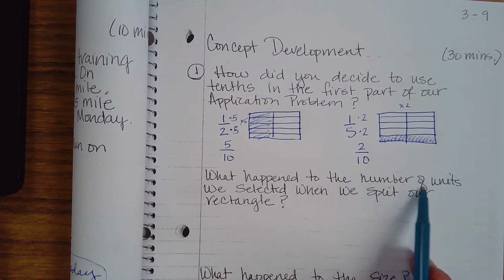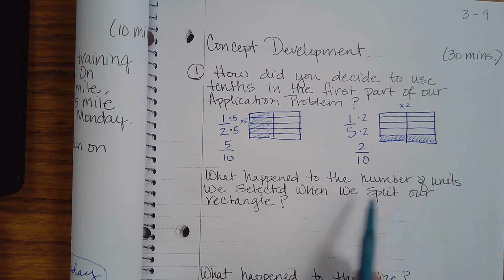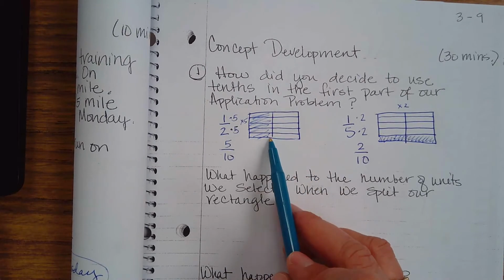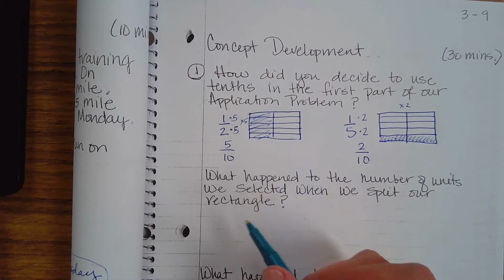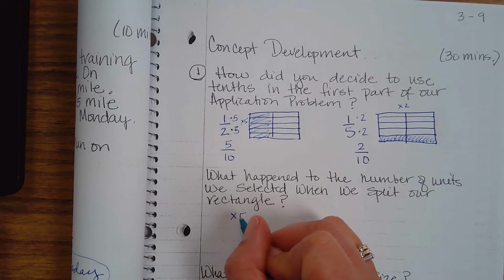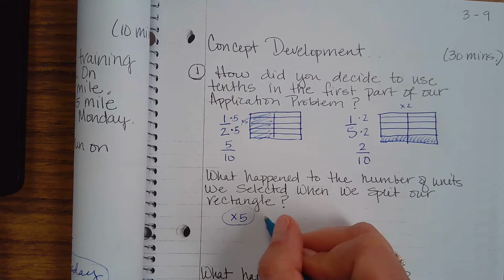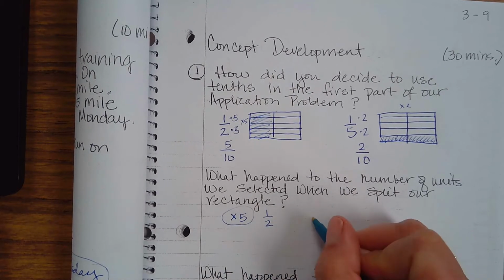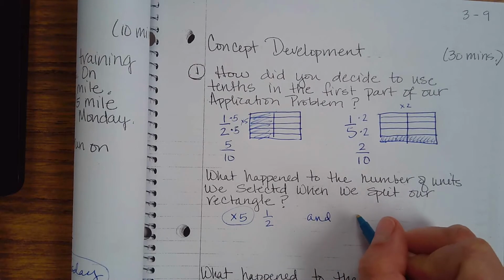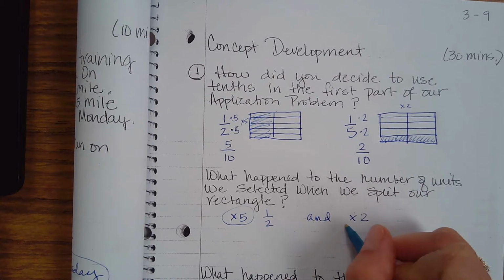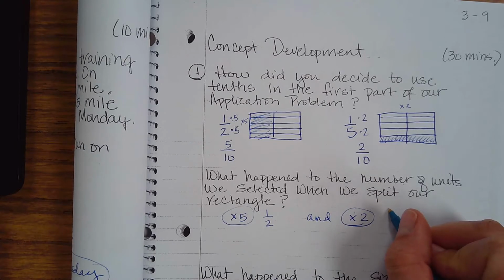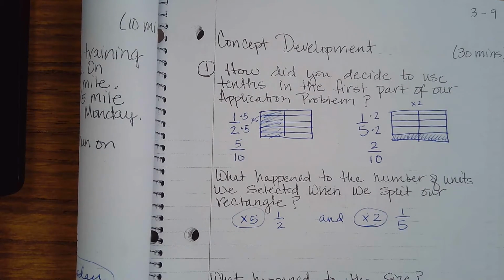So what happened to the number of units we selected when we split our rectangle? So when we split our rectangle, we essentially multiplied by 5 for 1/2, and then we multiplied by 2 for the 1/5, correct?